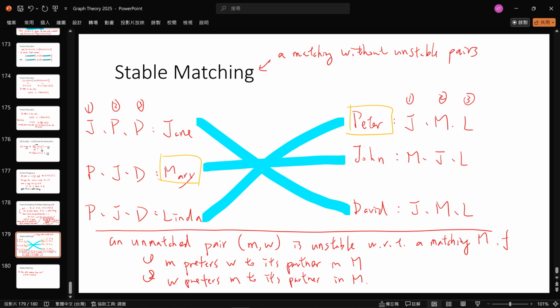But I want to stress that a stable matching does not imply that everyone is matched to his favorite. It is possible that someone is matched to his or her second or third favorite. That's possible, because you only have to compare this unmatched pair with the matching you have.